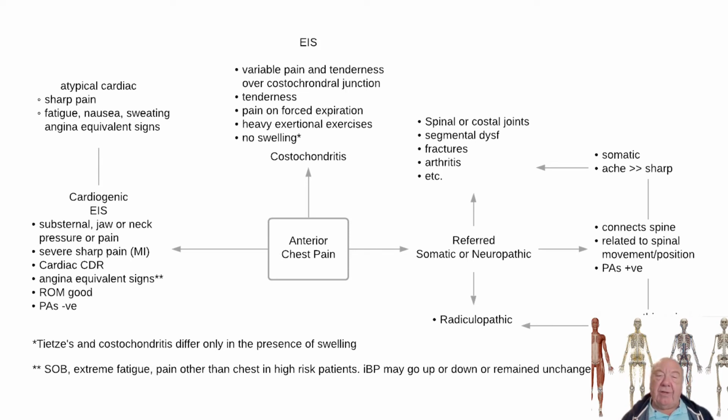The patient is going to report pain on forced respiration, usually expiration with coughing and sneezing and so on, but forced inspiration as well. So heavy exertional exercises bring it on, either because of the extreme movements occurring in the area, or the heavy breathing that accompanies this. As I say, there's no swelling with costochondritis, but there will be with Tietze syndrome, and the swelling is visible and palpable.